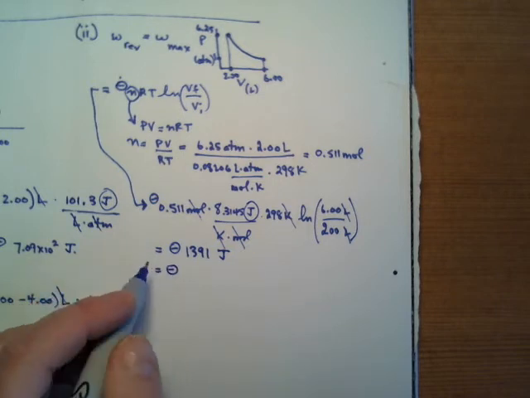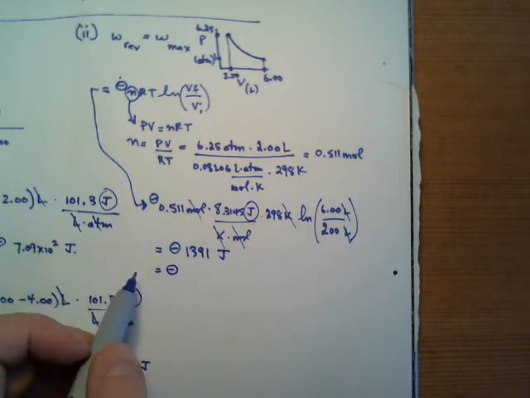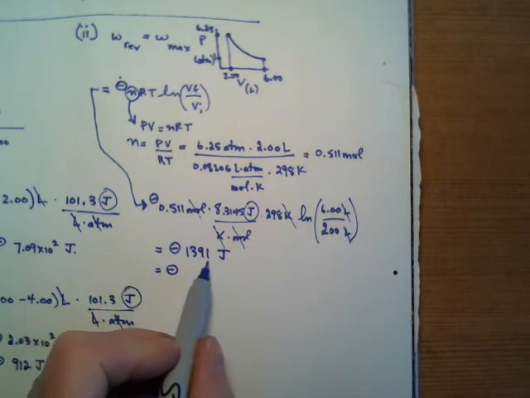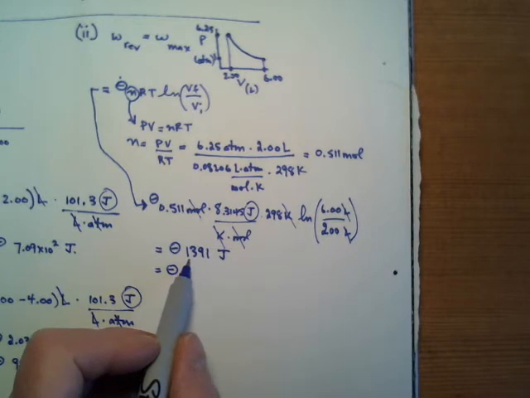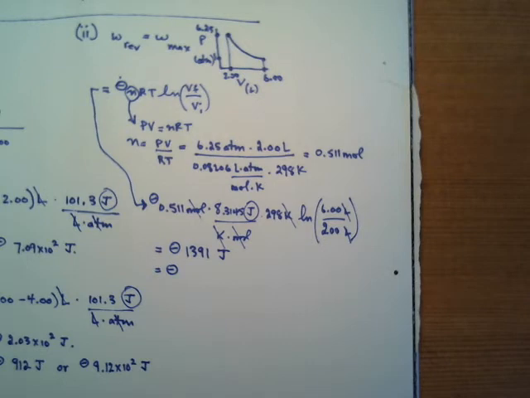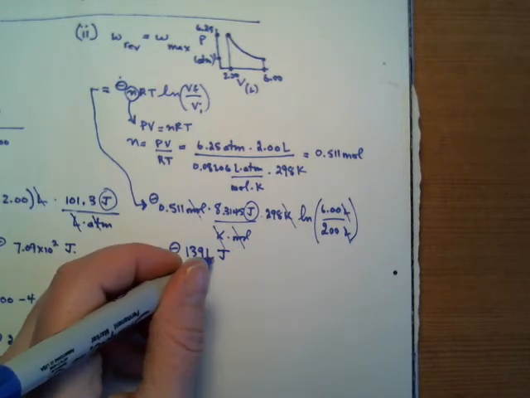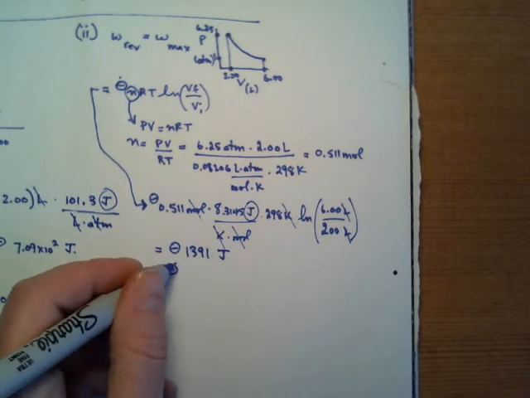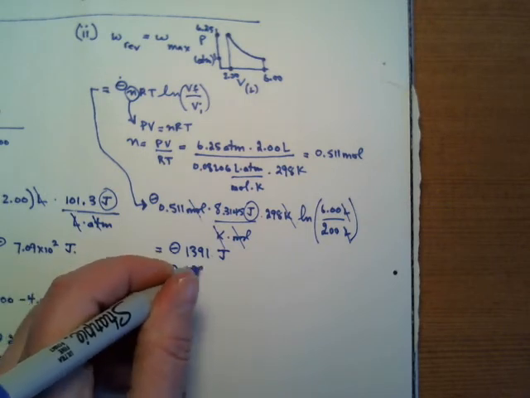To 3 sig figs, it is 1390. No, excuse me, what am I saying? To 3 sig figs, that 9 will influence the 3, and that just stays 1390.